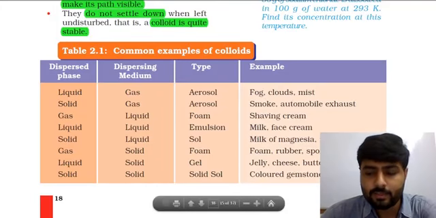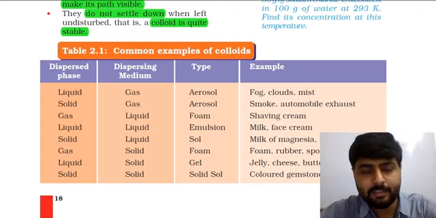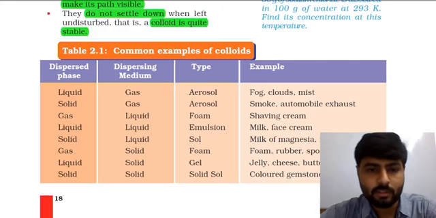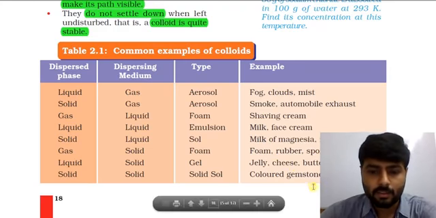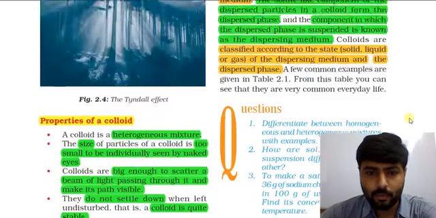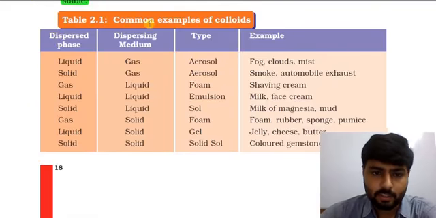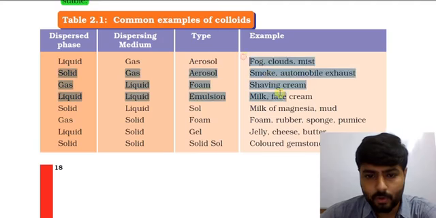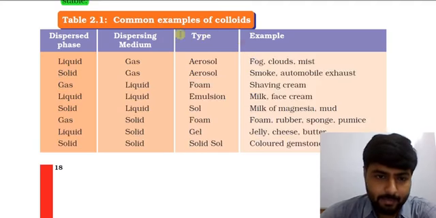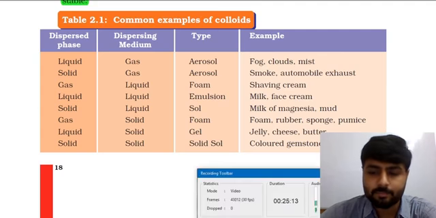So here we have seen the difference, or comparison, between solution, suspension, and colloids. We have to remember the properties of all three, and examples of commonly used colloids, their type, and their dispersing phase and dispersion medium.